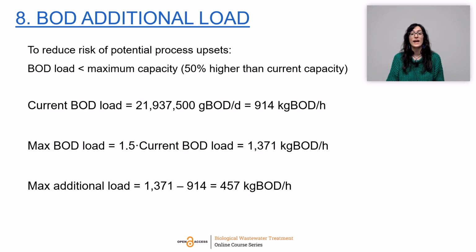Once we know the maximum load, we know that the extra load that can be treated in the plant will correspond to the difference between the maximum and the current BOD load. And this result gives us a maximum additional load of 457 kilograms of BOD per hour.